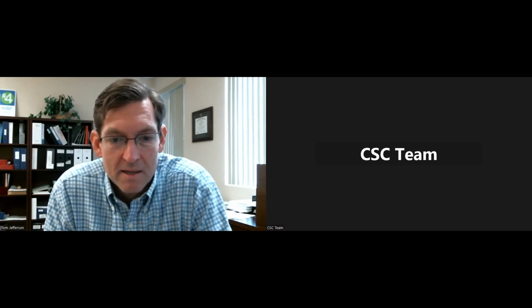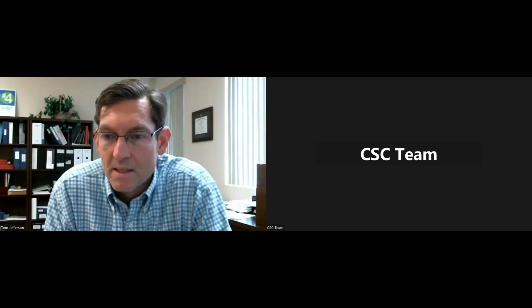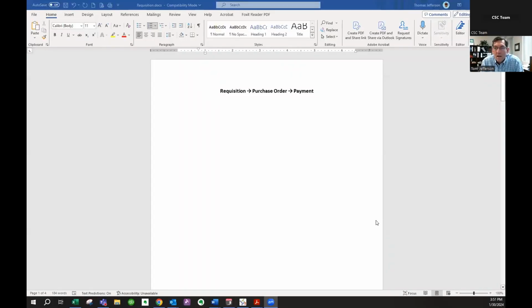Okay, here we go. What we have here is just the general workflow. So when an agency logs in to the hub to request their monthly reimbursement, they're entering a requisition. And that's a form that's just a request, right?